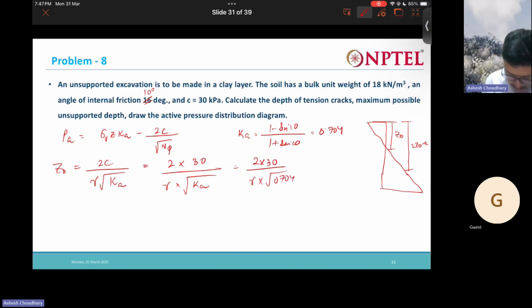Therefore, gamma is nothing but 18. So from here you can get meters.